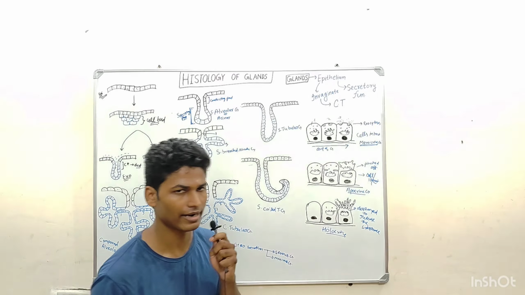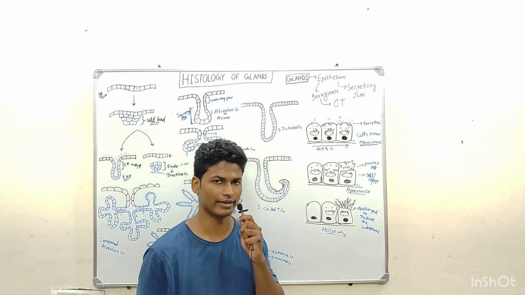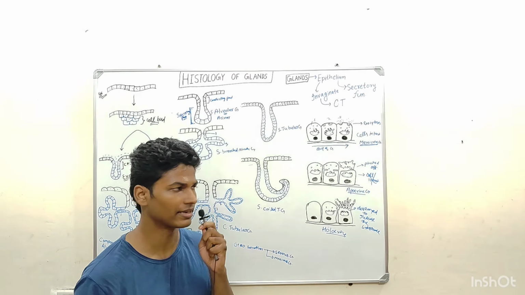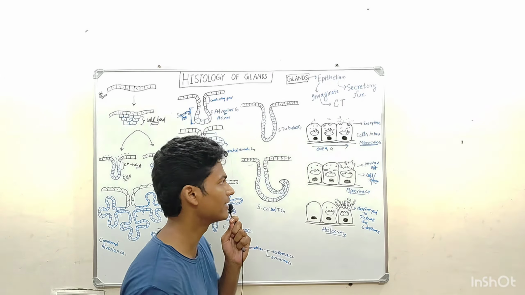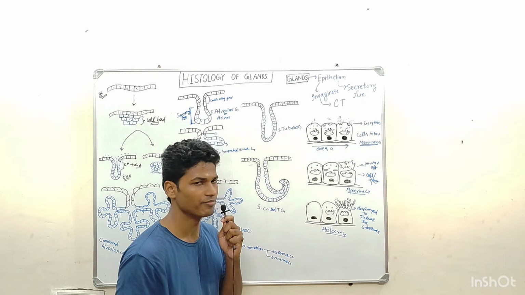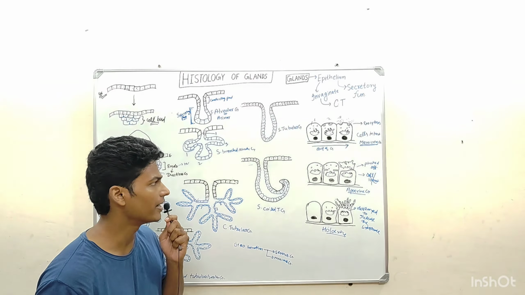And the holocrine gland is seen in the oil gland, or you can say the sebaceous gland. So on the basis of mechanism of secretion, glands are divided into 3 types: merocrine gland, apocrine gland and holocrine gland.